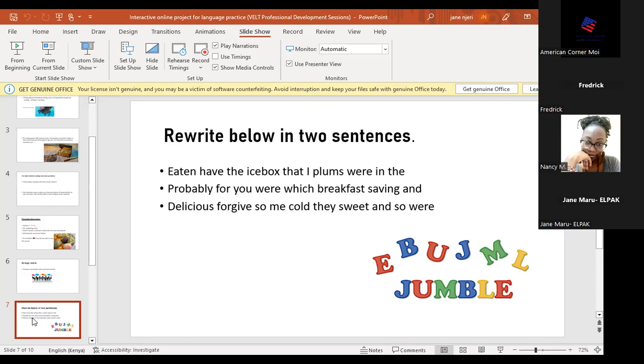So we can think about these 3 sentences and come up with 2 sensible sentences. You can type or chat, or you can put on your mic and share what you have come up with.